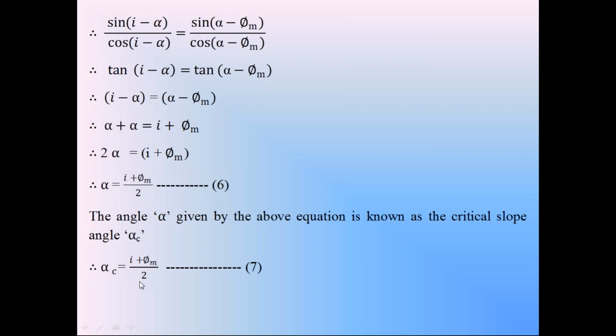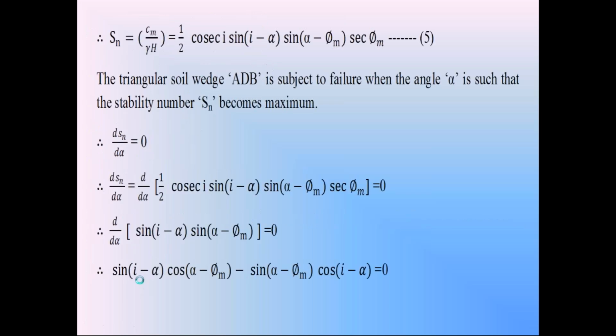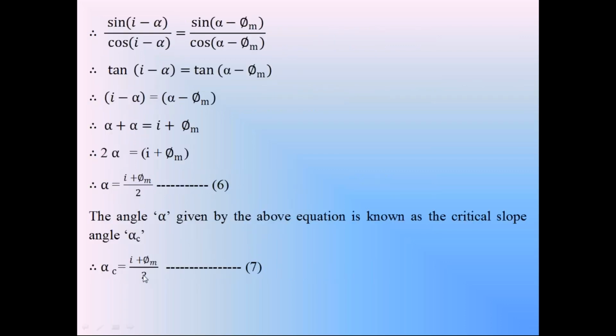When Sn is maximum, Cm by gamma h is also maximum. So please everyone follow this. When stability number Sn is maximum, Cm by gamma h is also maximum. At maximum condition, alpha is equal to alpha c, that is alpha c is equal to (I plus phi m) by 2.